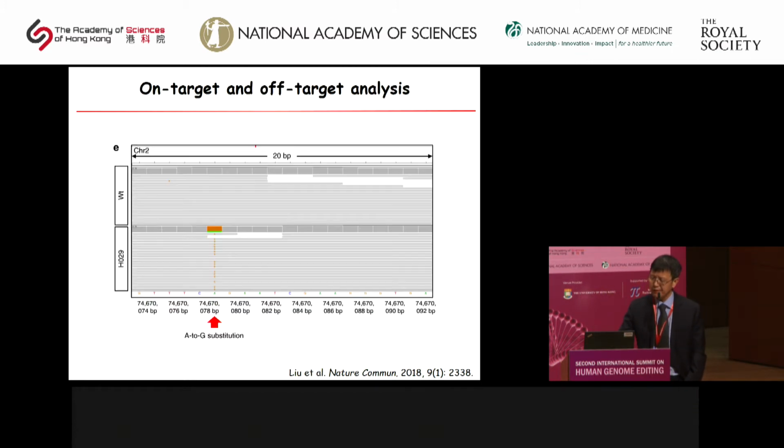It was very good to see no off-target was detected by using whole genome sequencing combined with deep sequencing.